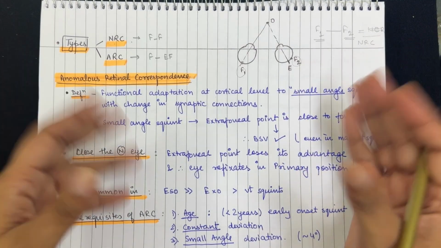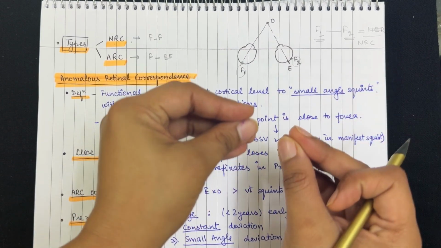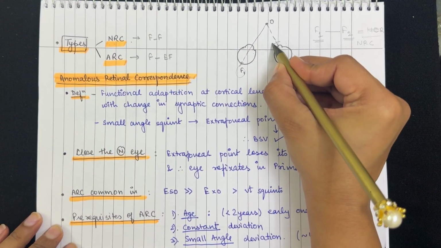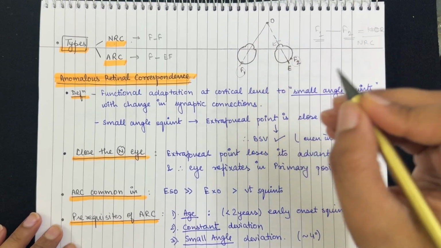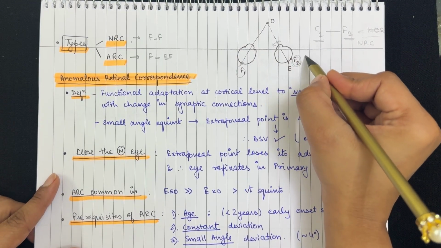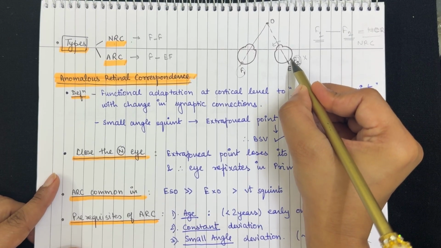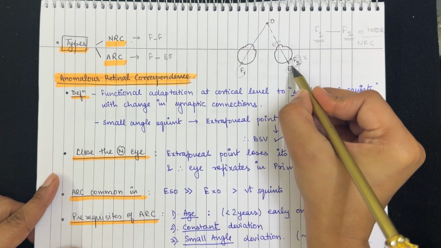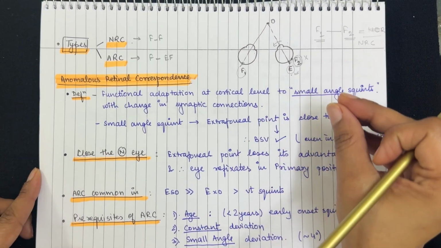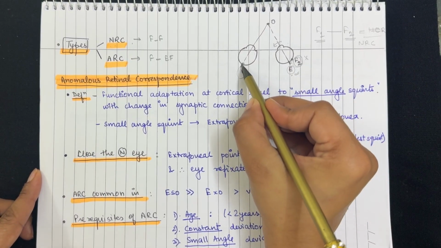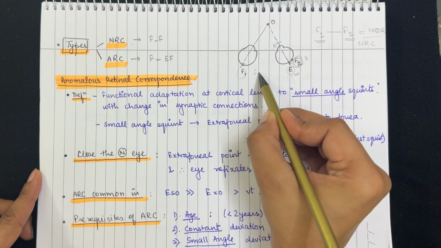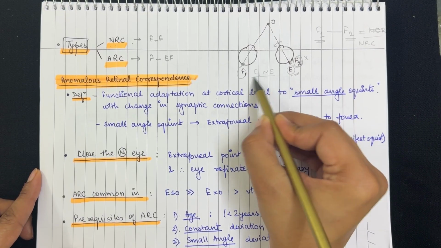Now suppose the patient has a small angle deviation, and this eye is a little deviated inside. Instead of the image falling on F2, it falls on a nearby extrafoveal point. What will the brain perceive? That F1 is now corresponding with this extrafoveal point.